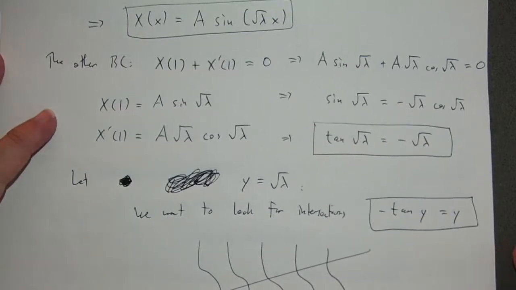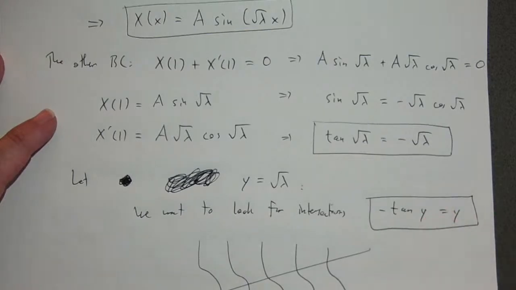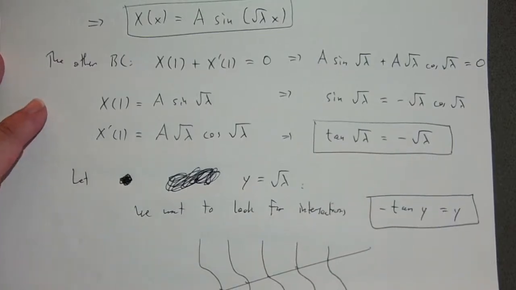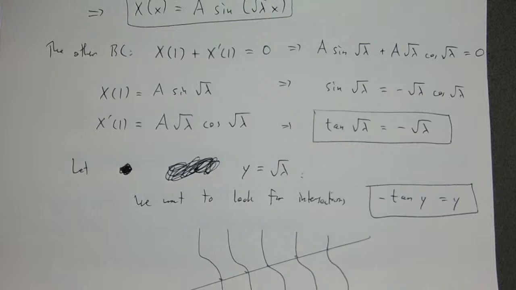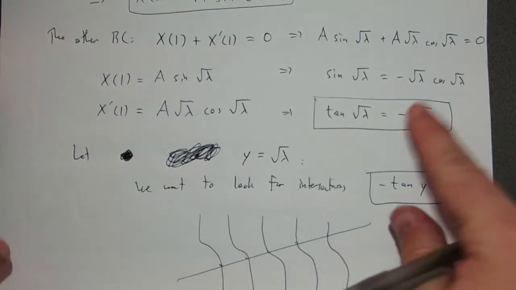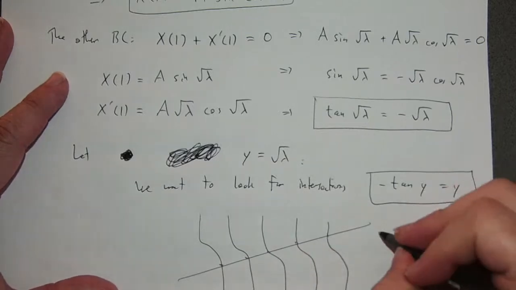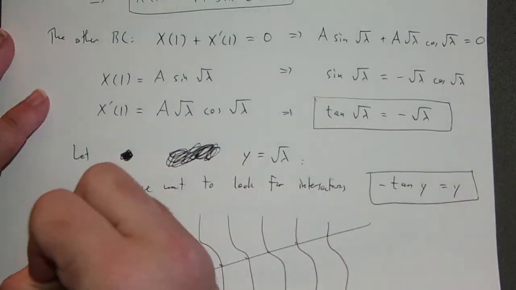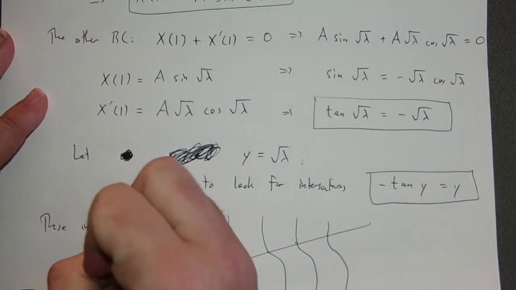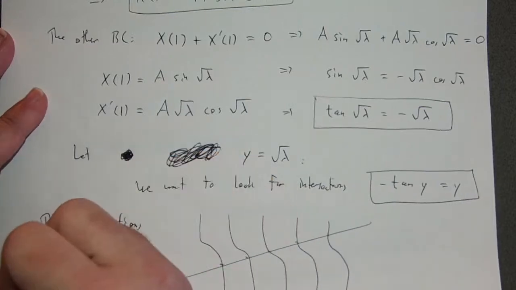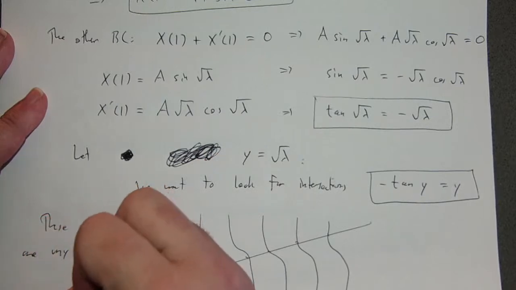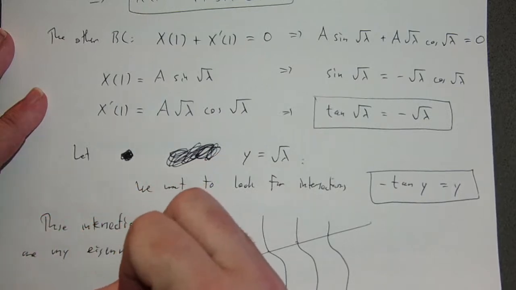And so what does this tell me? Since there's infinitely many of these intersections, ultimately I get infinitely many eigenvalues determined in exactly this way, right? So these intersections are my eigenvalues. Because don't lose sight of what we're doing here.